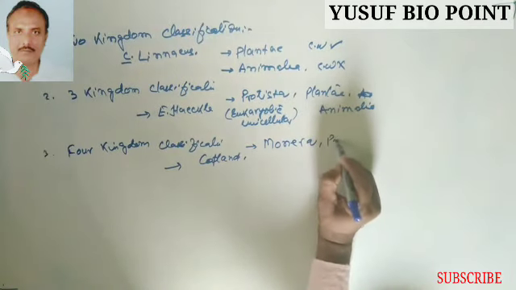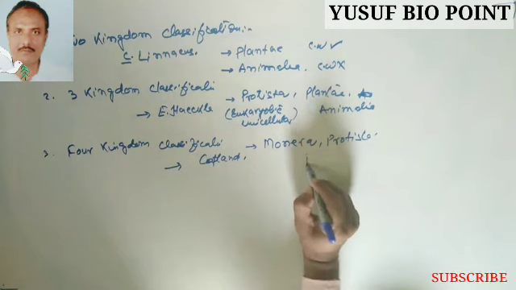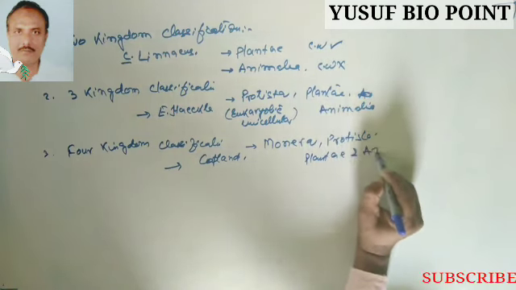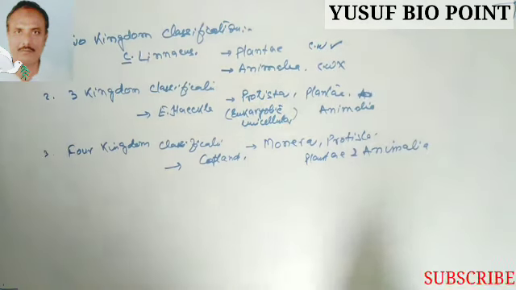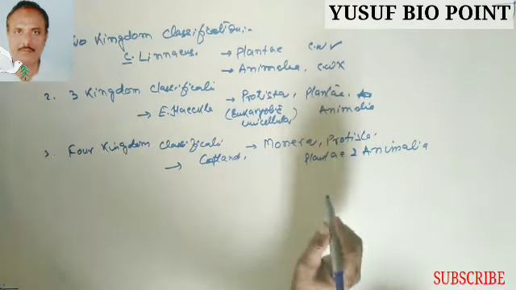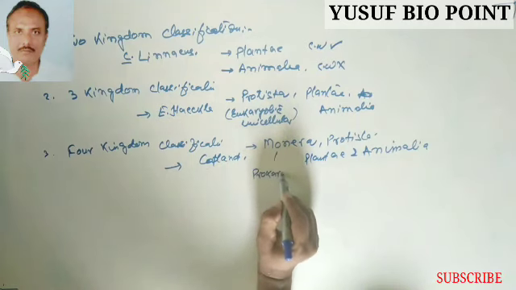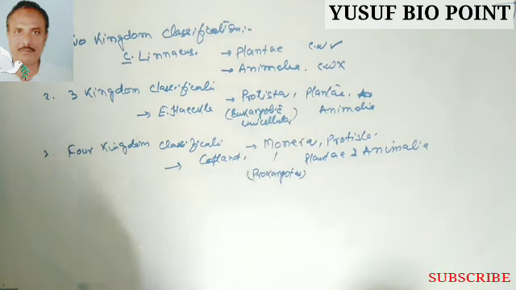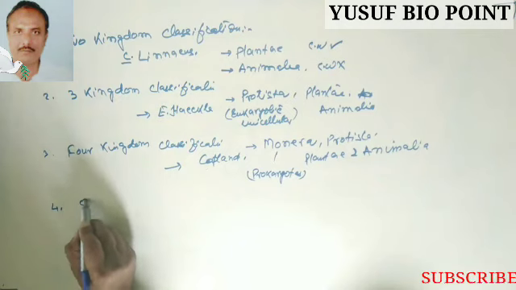So now Monera, Protista, Plantae and Animalia. In this way he divided, and in this Monera he keeps the prokaryotes.